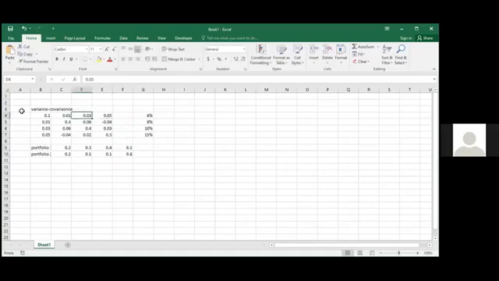So here the matrix: asset A, asset B, asset C, asset D. Here also the same: asset A, asset B, asset C, asset D.